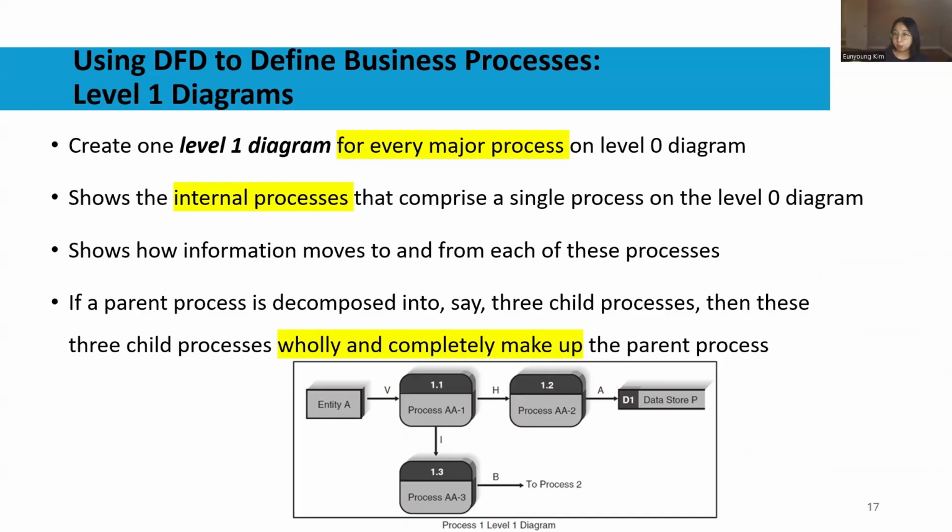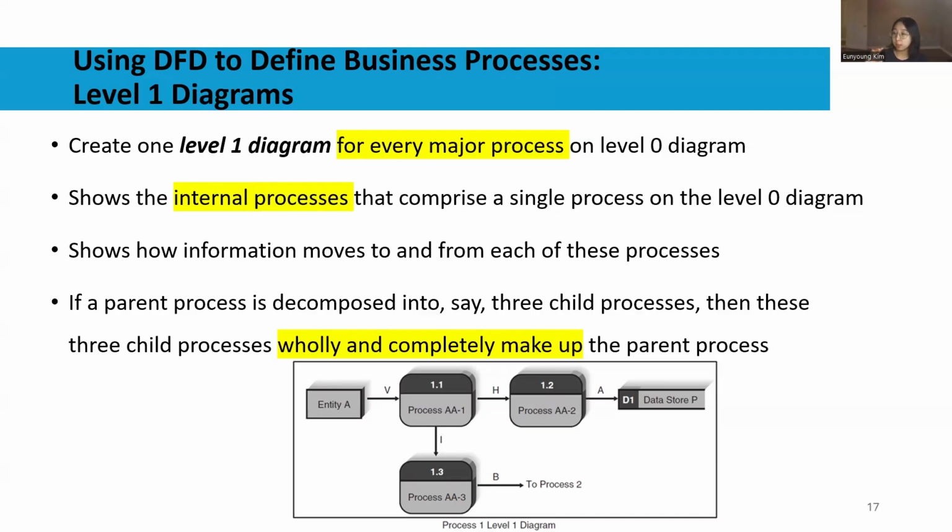Manuscript evaluation will be defined in many sub-processes. For example, checking the manuscript and verifying it, assigning to the reviewer and getting the feedback from the reviewer, and calculating the total score and generating reports, such things.